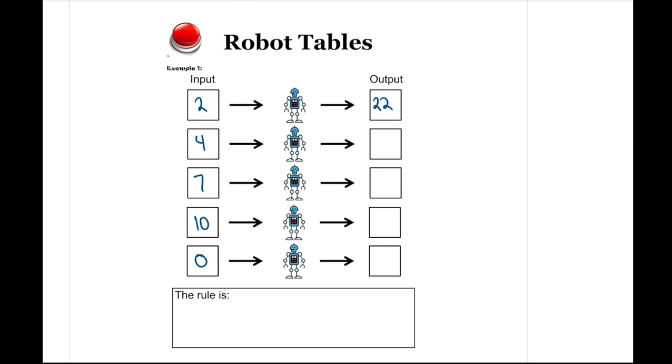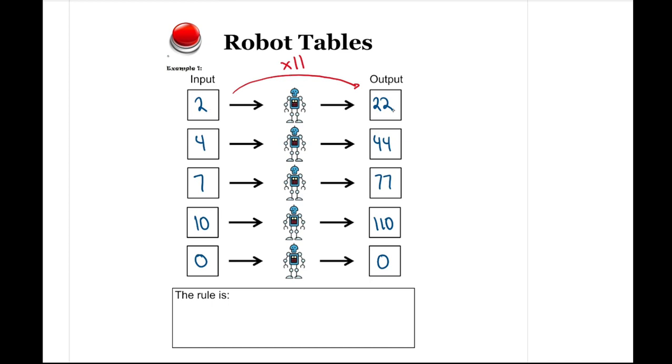We get 22, 44, 77, 110, and 0. We're going to do the same thing. We're going to look for what rule or calculation our robot is doing in order to get our output number from this input number. And again, if we look for that pattern between them, we should see that to get from one to the other, we multiply by 11.